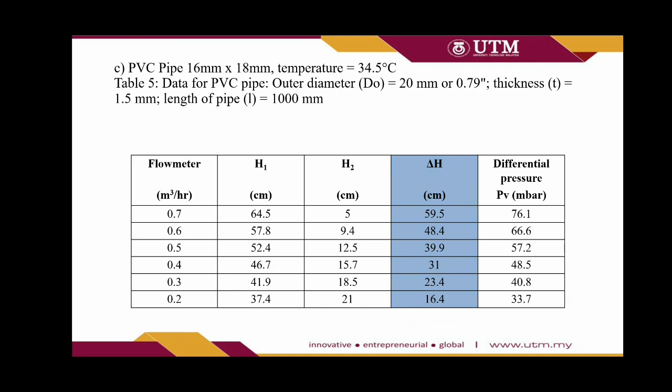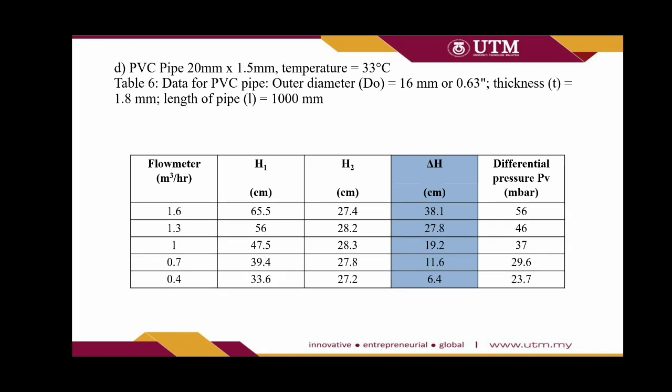And for the PVC pipe 60 mm times 18 mm, 0.7 is 76.1, 0.6 is 66.6, 0.5 is 57.2, 0.4 is 48.5, 0.3 is 40.8, 0.2 is 33.7.